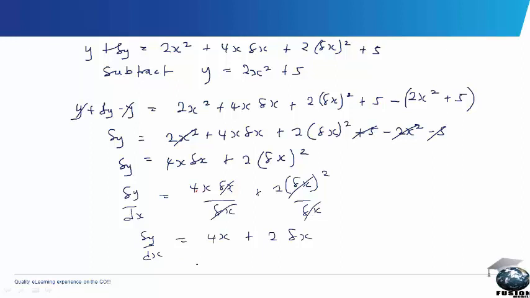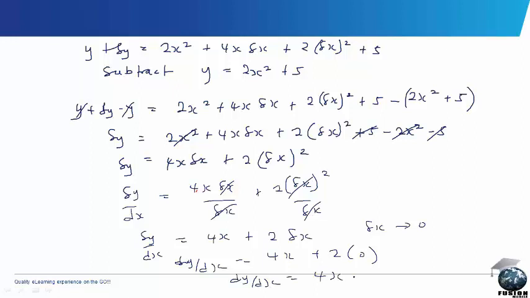Alright, but if dx tends to 0, this dy/dx will be equal to 4x, and this becomes 2 times 0, and so dy/dx is equal to 4x. Alright, so therefore the derivative of that function, dy over dx, is equal to 4x.